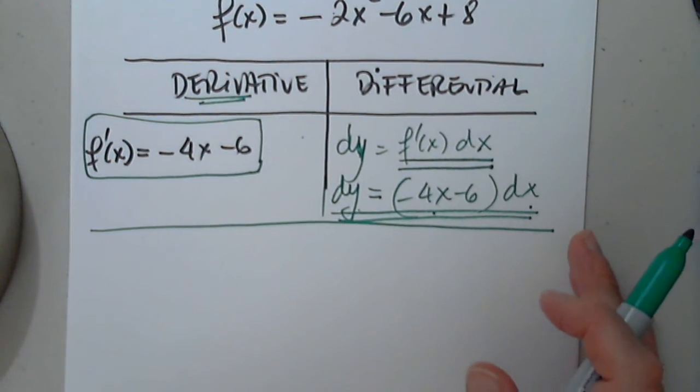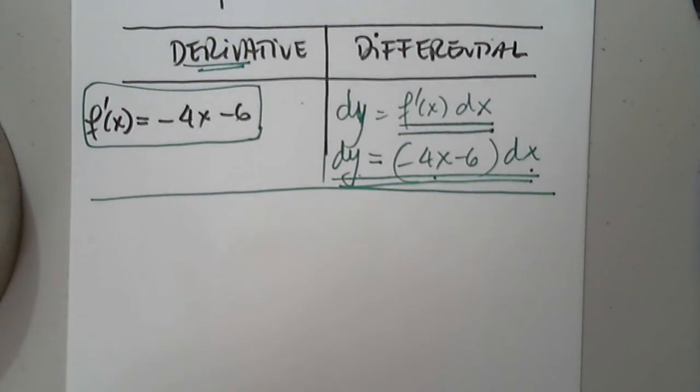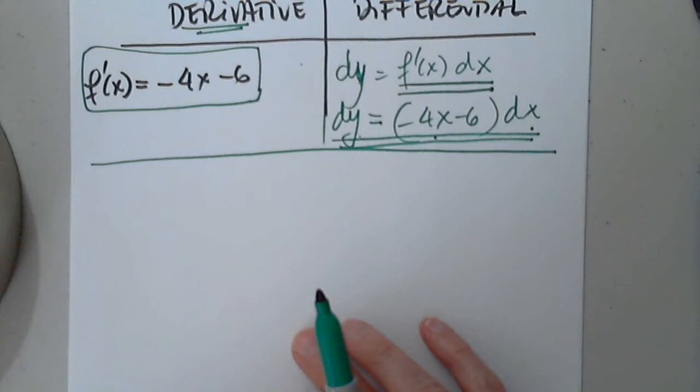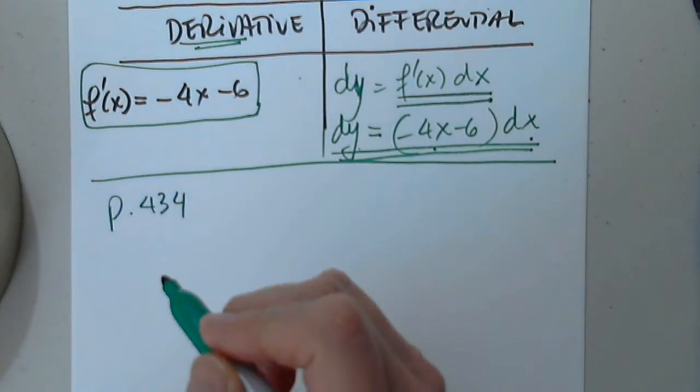Why is this so important? For the substitution rule. Okay, so I'm just going to illustrate with one example, with many examples, but I just want to start working on one. So I'm on page 434.